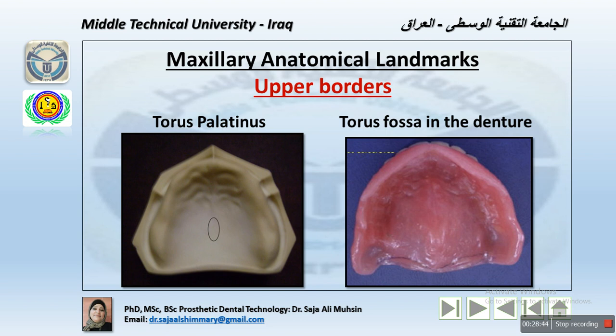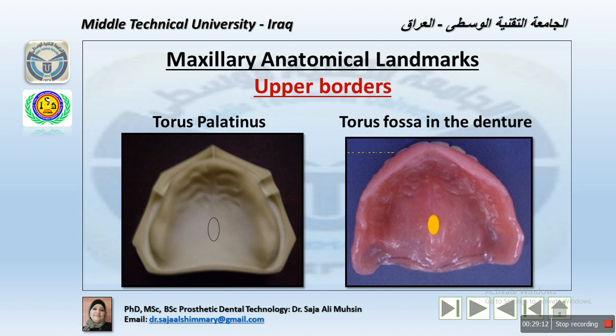Torus palatinus. Torus palatinus is a bony configuration at the middle of the palate. Sometimes it is large, so in terms of constructing a complete denture, we need surgical removal. Sometimes it is mild or shallow, so we also need to relieve it and not include it in our design.